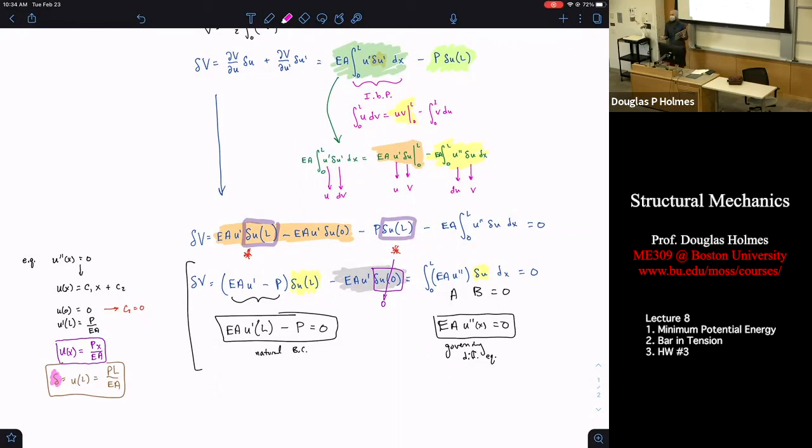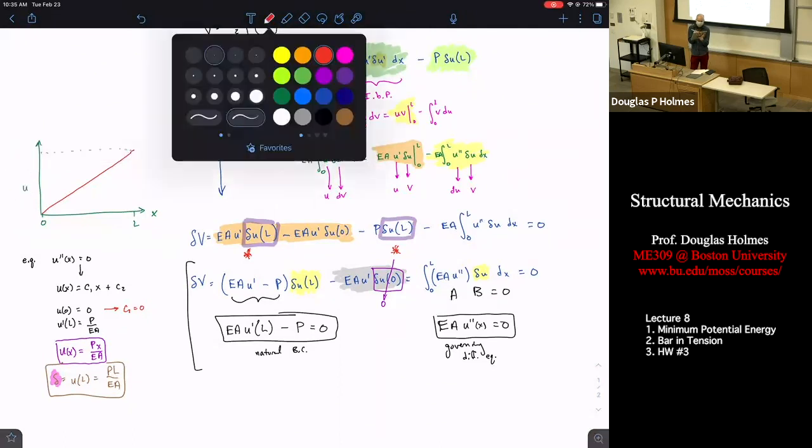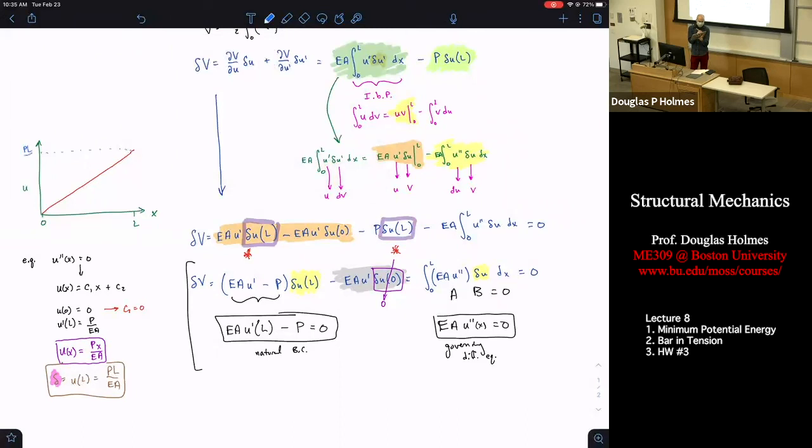When I said we got something more by solving it this way, what we found was, if I was to plot the displacement of my beam as a function of x from 0 to L, the displacement of my beam is going to linearly vary from 0 to a point of PL over EA at the end of the beam.